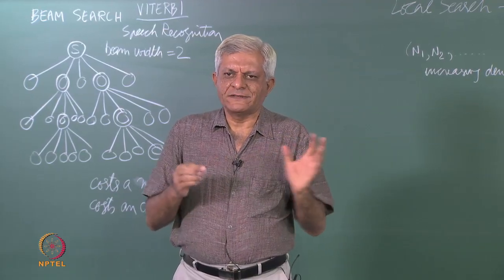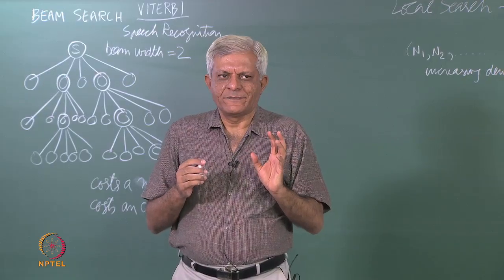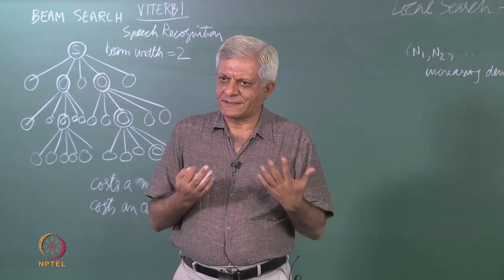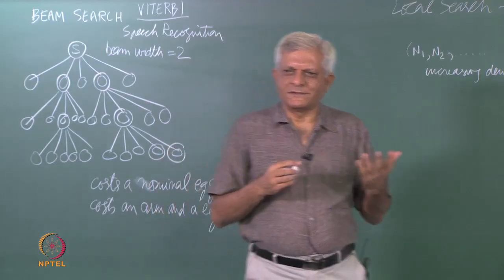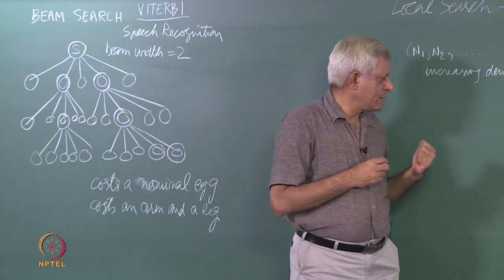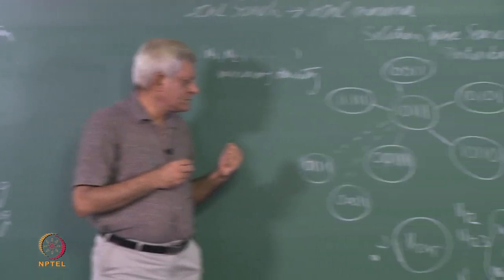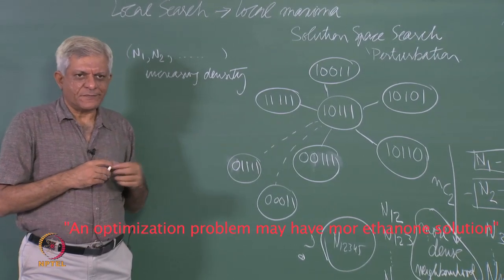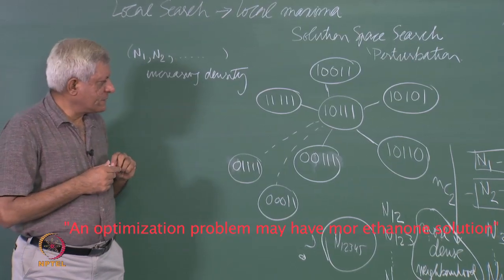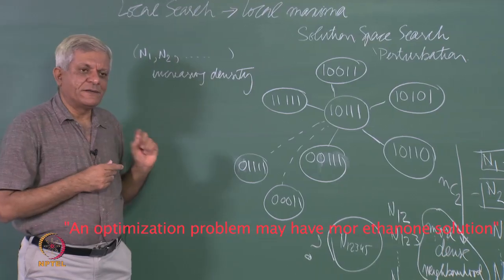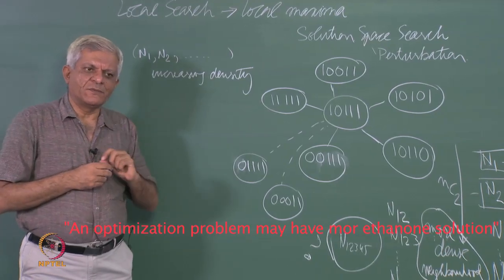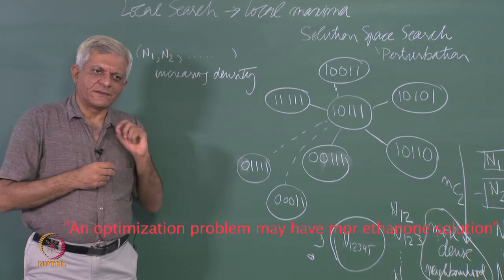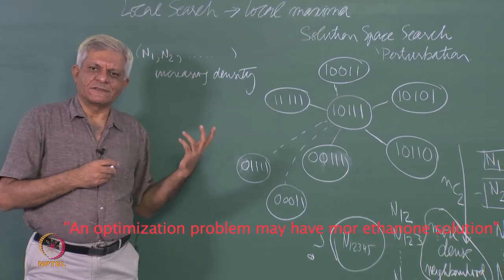How many maxima will this have? Only one, which is the global maxima, which is the solution. Okay, there may be more than one maxima, but that is not the point here. But what is going to be the complexity of the move gen function now?